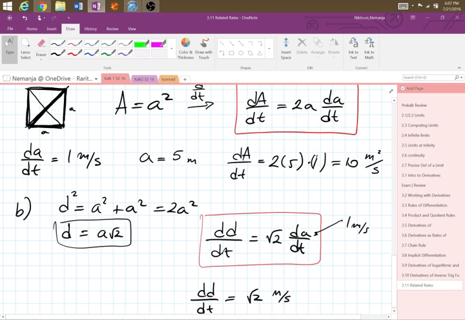This is not studied case by case; it's a continuous, ongoing thing. You're looking at that square shrinking, slowly or fast, it doesn't matter. As it's shrinking, the diagonal is shrinking as well, and we want to know how fast the diagonal is shrinking. There's an application for that somewhere, right?